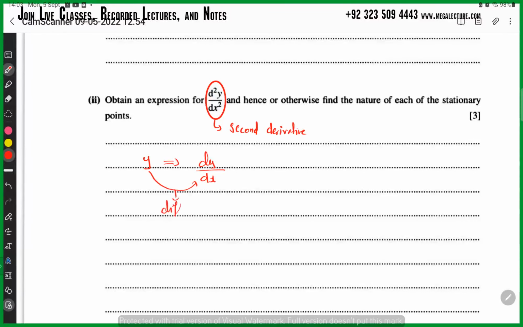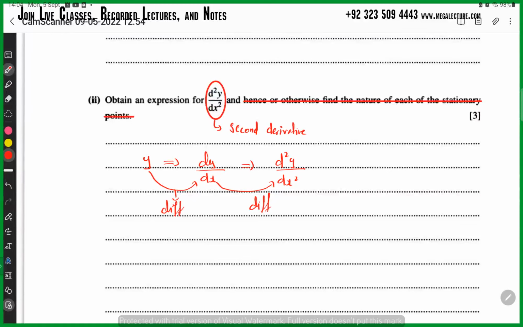By differentiating this, you are going to get the second derivative by differentiating this. That is it. This is the only concept. So in order to find the second derivative, you are supposed to differentiate the first derivative. So we'll talk about this part in 1 minute because you guys are already familiar with this.